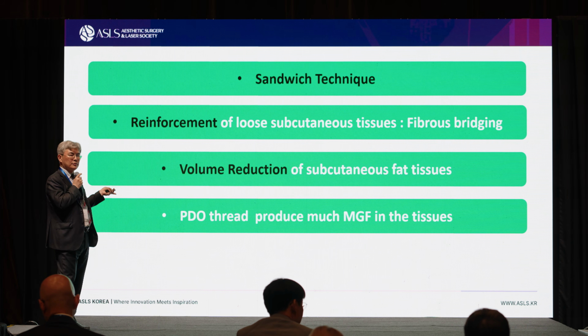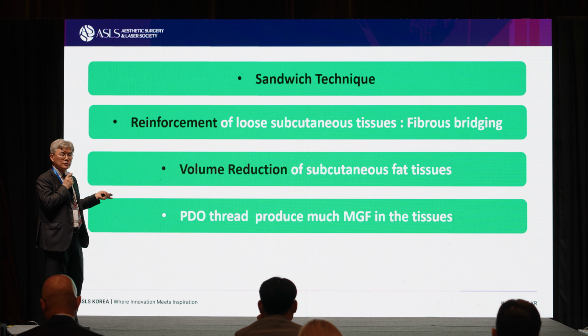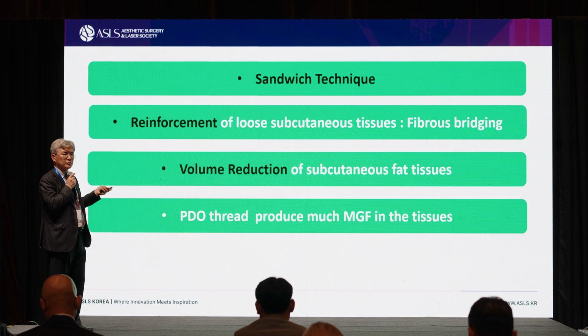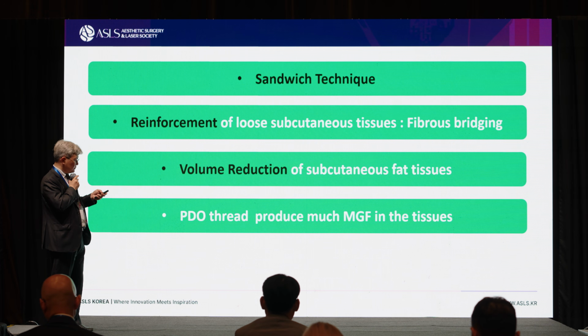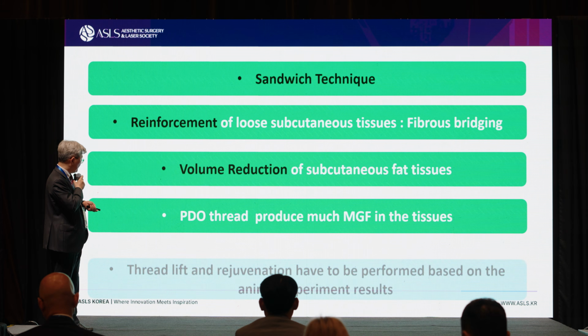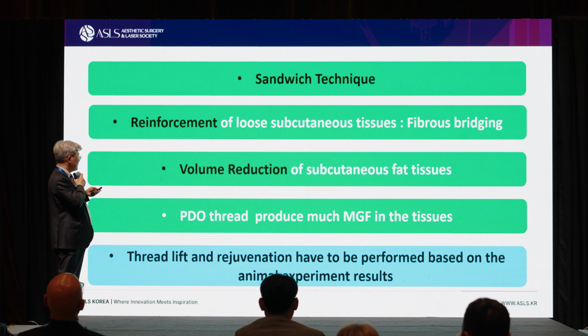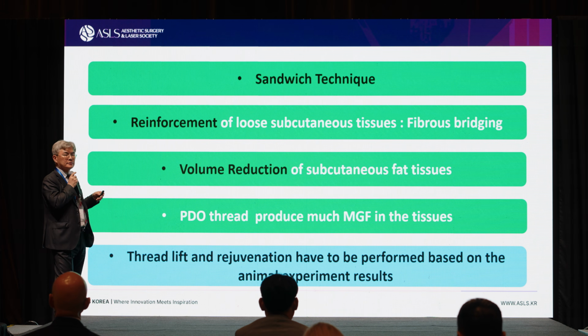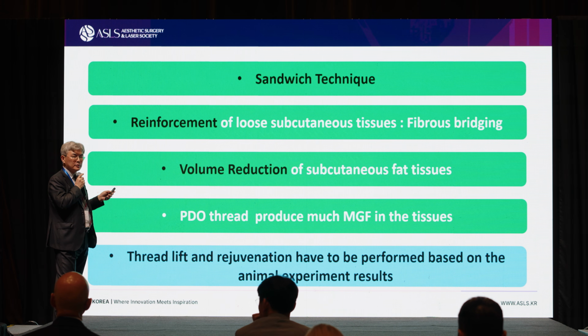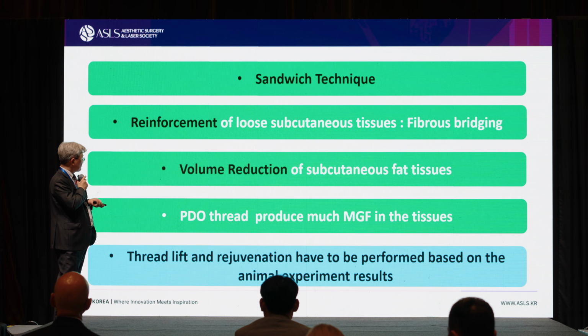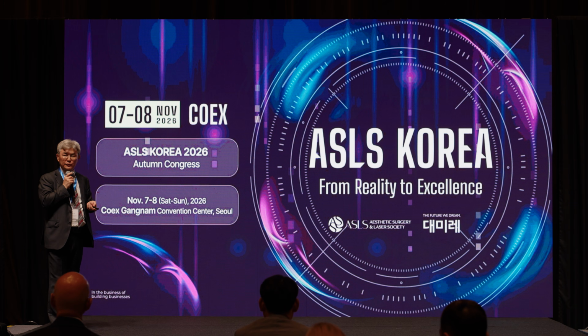PDO thread is also a polymer, so it produces many growth factors in the tissue. So you have to use this phenomenon. Thread lift and rejuvenation have to be performed based on the animal experiment results. Thank you for your attention.